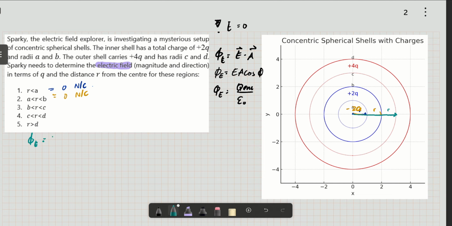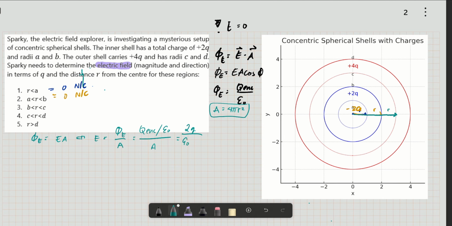Electric flux is equal to EA, and manipulating, the electric field is flux divided by A. Flux is Q enclosed divided by epsilon naught, all over A. Our Q enclosed in this situation is our positive 2Q. We can substitute values and simplify. We have 2Q here, then epsilon naught together with our A, where A is 4 pi r squared.